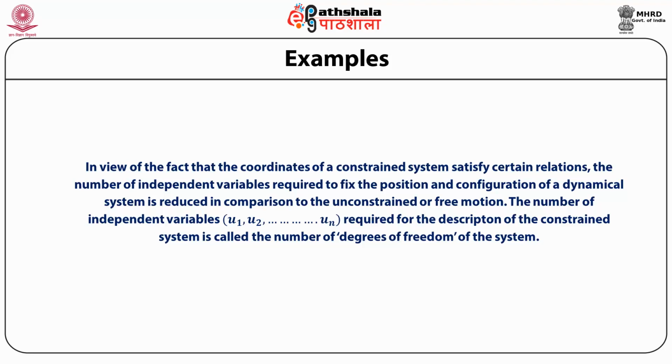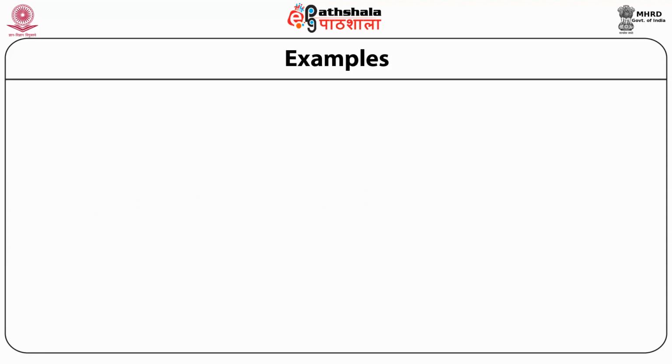Obviously, if a particle is undergoing a constrained motion, the degrees of freedom of the system is less than the number of coordinates required to fix the position of each particle in the system. Now let us, with the help of some examples, see what we mean.